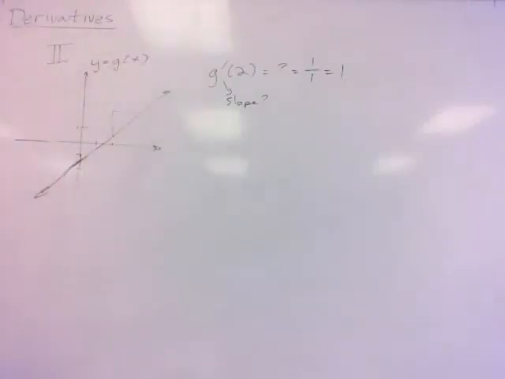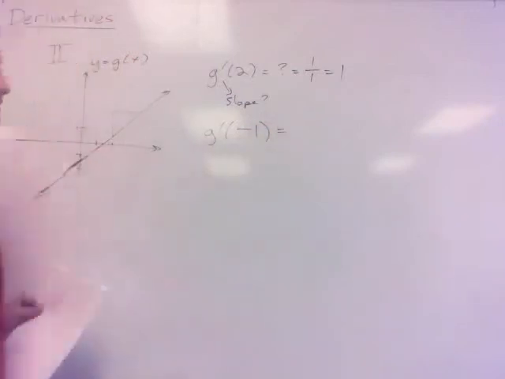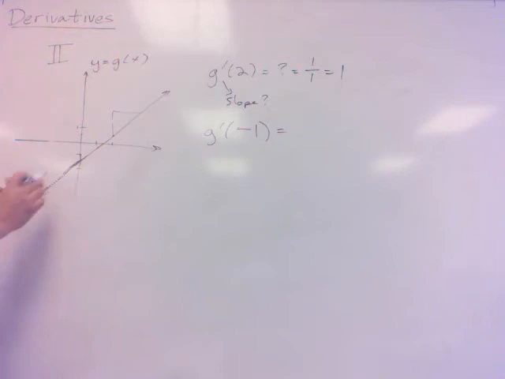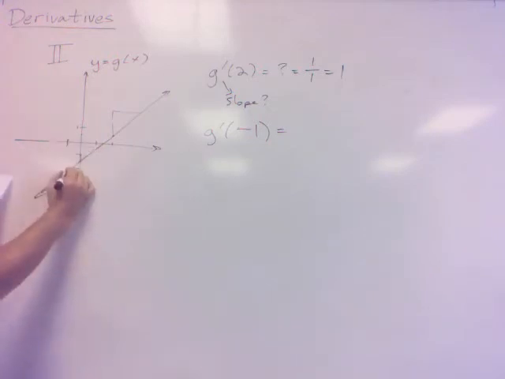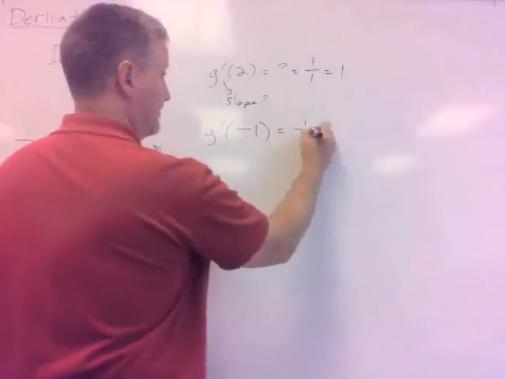Close. If you get close to that, that's pretty good. But here's the thing. What about g prime at negative 1? Well, again, that's the slope at negative 1. Since I've got a line, I'm just thinking slope. Yeah, it looks like the point's down here at about negative 2.5, but again, if I rise 1 and then run 1, that looks like what it would be.